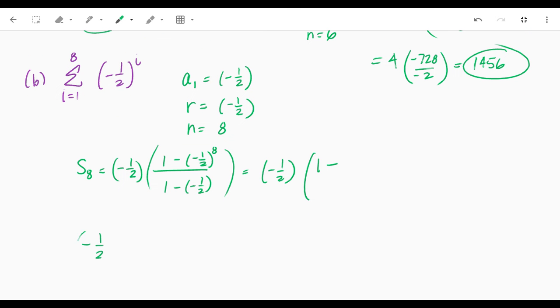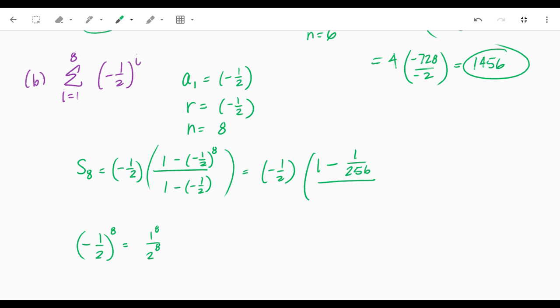Negative 1/2 to the 8th power will be 1 to the 8th over 2 to the 8th. Okay, and it will be positive because of the even power. So we'll have 1 over 2 to the 8th, which is 256.